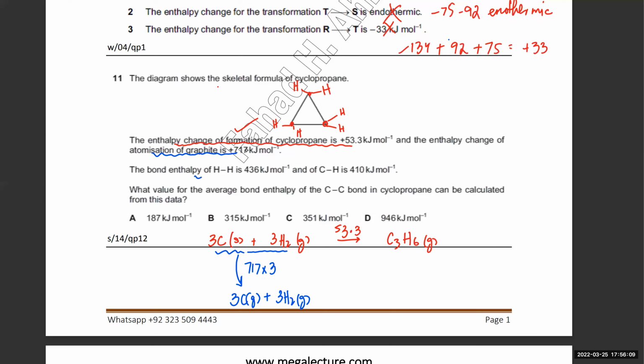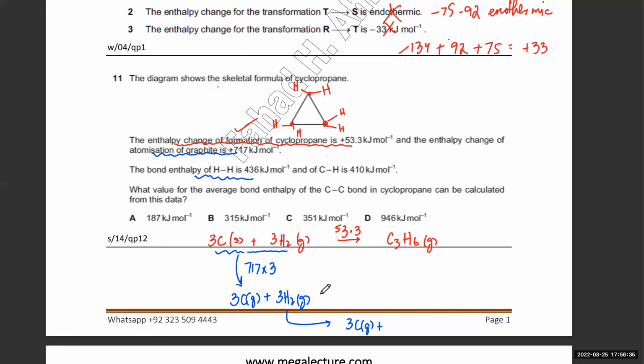Next, he's talking about the bond enthalpy of HH. So I've got an H2 gas molecule. What I'm going to do is break the H2 bond. So the 3 carbons are already done. Sir, the 717 is just for the carbon, yeah? Yes. It's the atomization of graphite. So I did not do anything to the H2 gas. Nothing happened to it. Oh, okay.